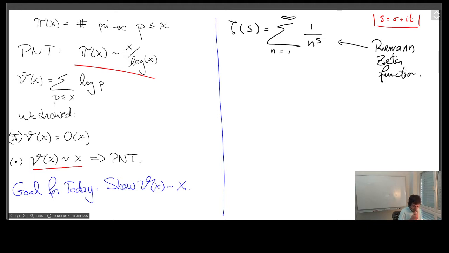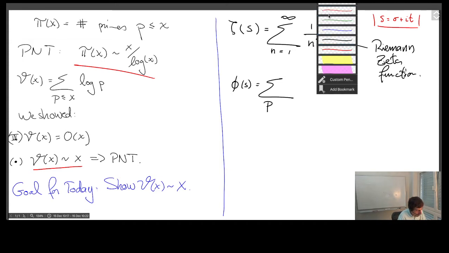And we're going to have another function that's going to be useful, like an auxiliary function, which is φ(s), equal to the sum over p of log p over p to the s. Every time I say p, I always mean prime.